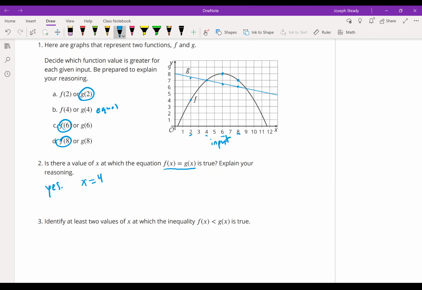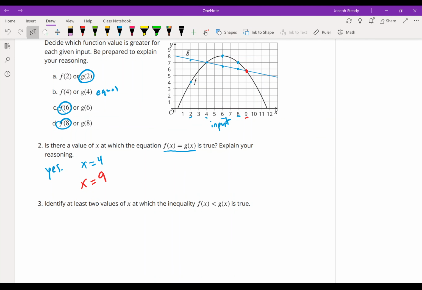So we can say yes. Now this happens actually one other time too, though. If I look over here, when x is 9, we have another scenario where f of x and g of x both have the same output value. This time it's right around 5.7 or 5.8.